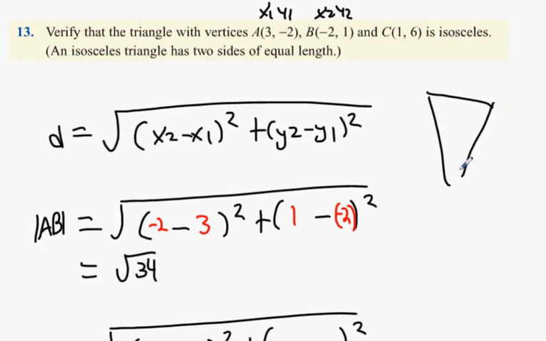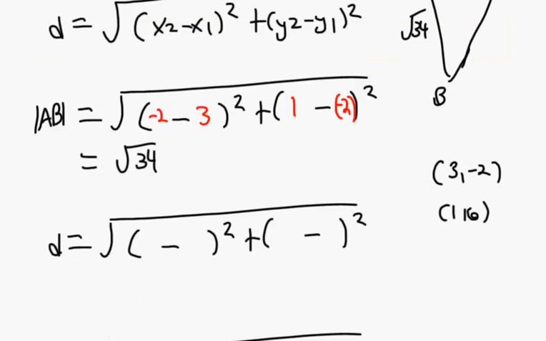As done earlier, you had a diagram here, A going to B and then going to C. We've now learned that AB is root 34. What we have to do next is figure out what AC is going to be. If A is 3, minus 2, and C is 1, 6, we have to figure out the distance between these 2 points.